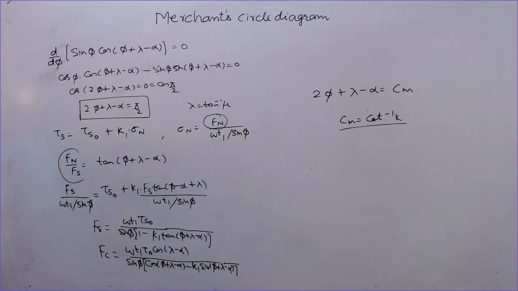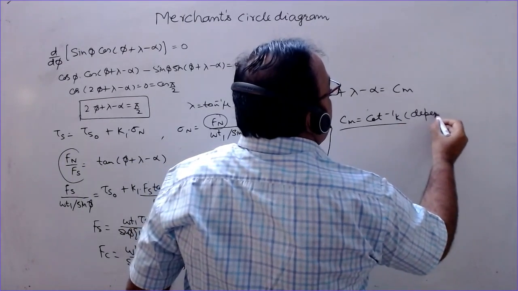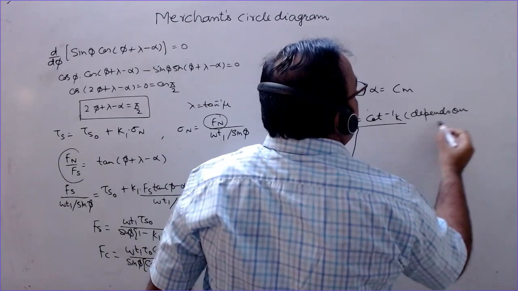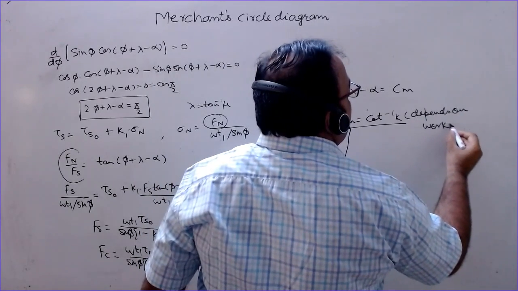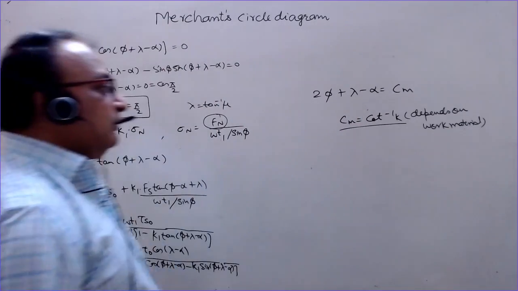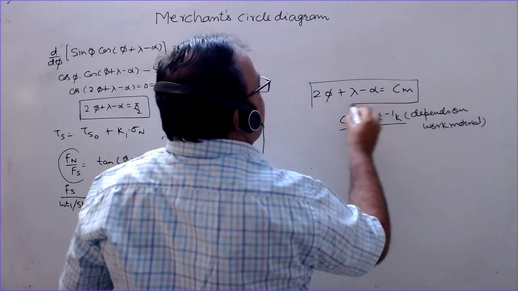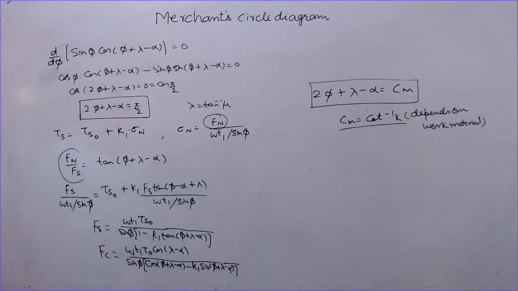This is a constant for the work material and depends on work material and cutting conditions. So this relationship is known as Merchant's modified relationship. This gave good results when the machining was done on metals also.